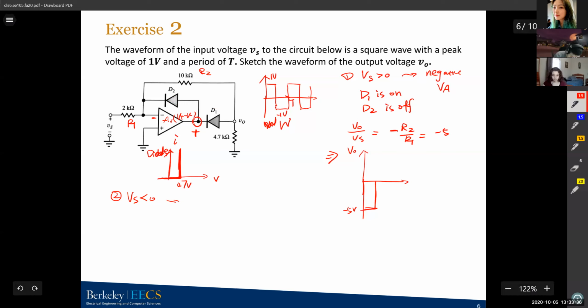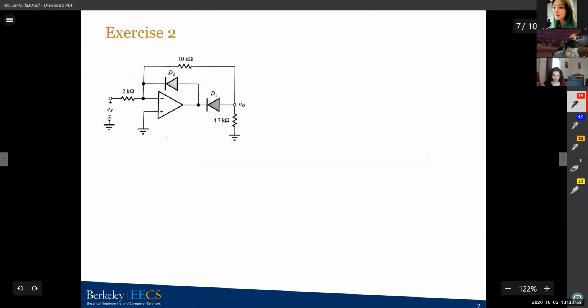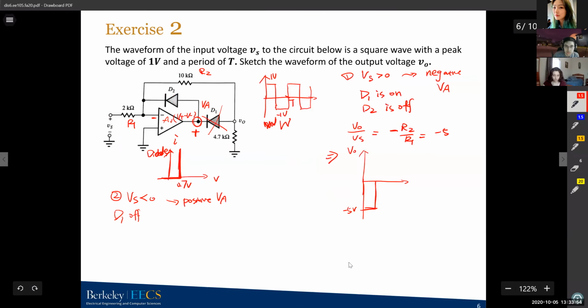So we have a positive Va. Here is still Va. That means for diode D1, we'll have a positive on the N side, so D1 will be off. And D2 will be on.